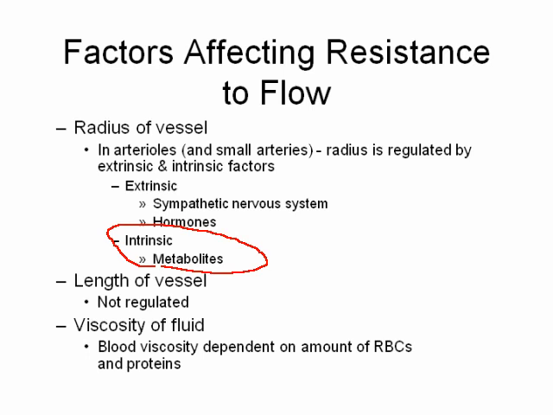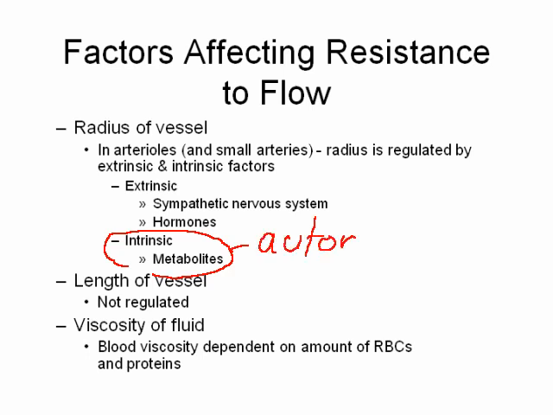That is, buildup of CO2, buildup of potassium, metabolic byproducts, a reduction in oxygen. All of these act as intrinsic mechanisms. And quite often we refer to this also as autoregulation: the idea that we don't need some factor outside what's going on right there at the vessel controlling the vessel.